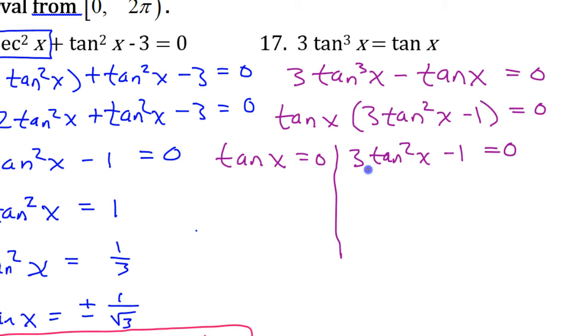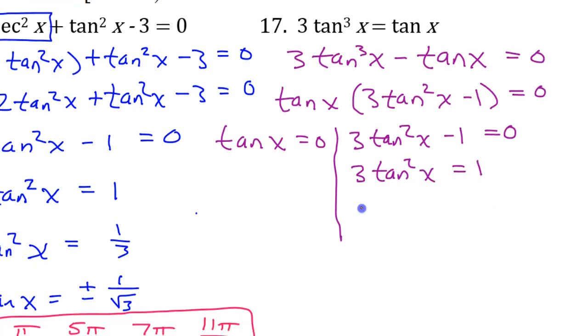All right, solving the right-hand equation, I'm going to add 1 to both sides. So that'll be 3 tangent squared x is equal to 1. Dividing both sides by 3, that'll be tangent squared x is equal to 1/3. Taking the square root of both sides, and being careful to put plus or minus, I'm going to have tangent x is equal to plus or minus 1 over radical 3.